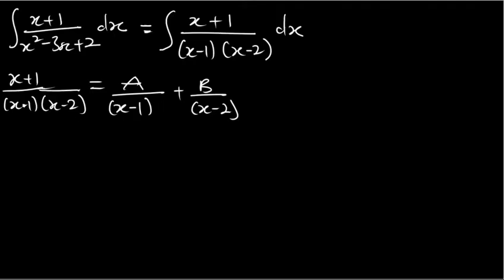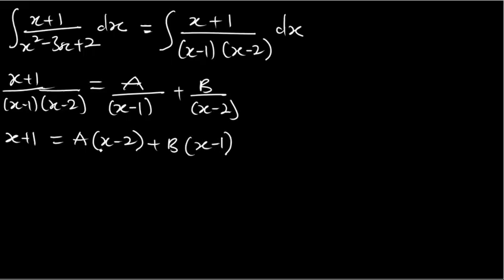Are we okay? So since the LCM is the same, can we say our x plus 1 from partial fractions equals a times x minus 2, plus b times x minus 1.